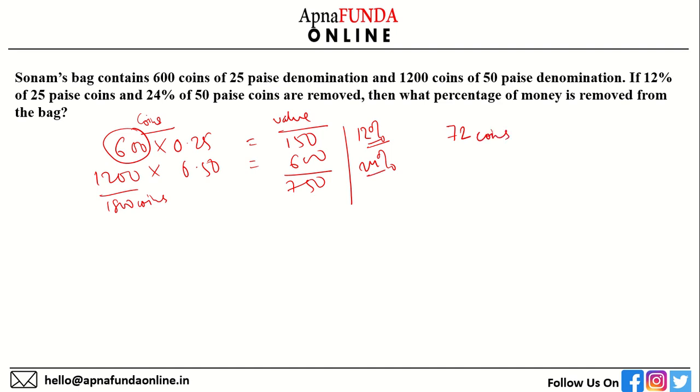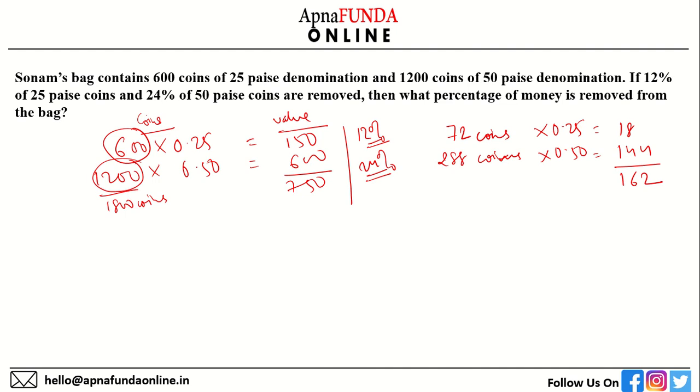Similarly, 24% of 1200 coins will give me 288 coins. I hope you're able to follow. Now, what is the value of these coins? This will be 18 rupees. This will be 144 rupees. So 162.